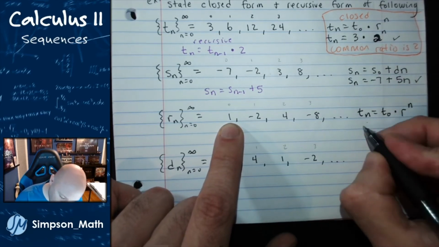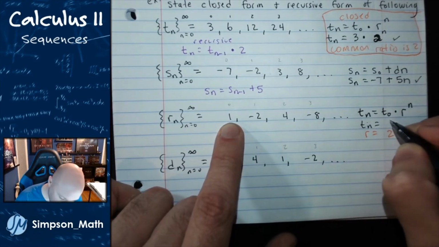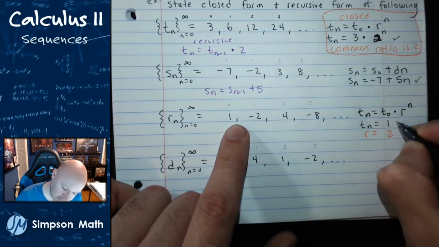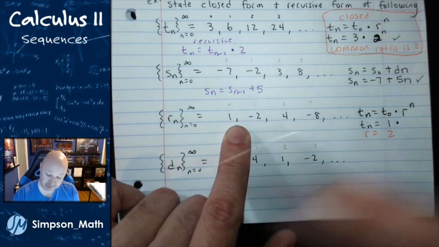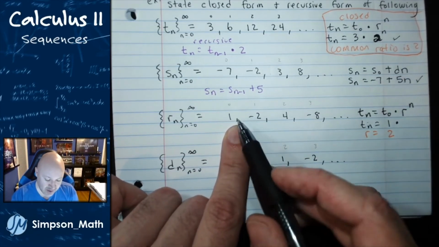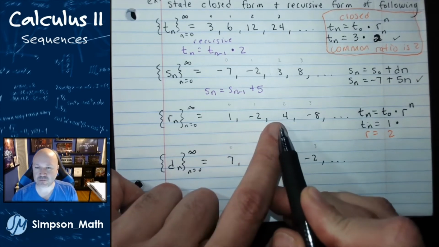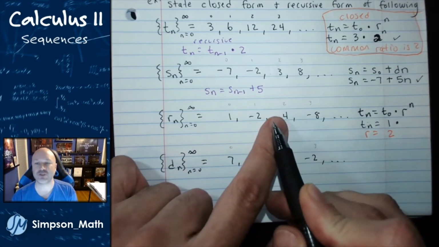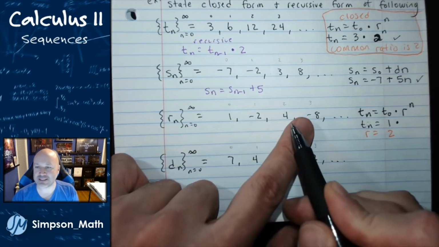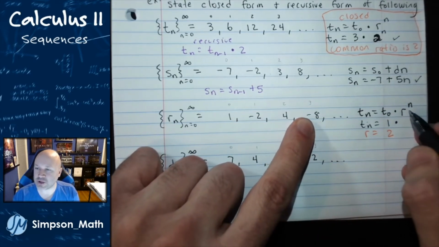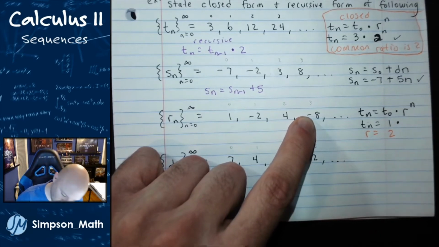So my formula says it's that initial value 1 times the common ratio to the nth. So every time I'm just multiplying by -2. I was thinking it was going to be harder than this. That's easy. Now my common ratio is -2.